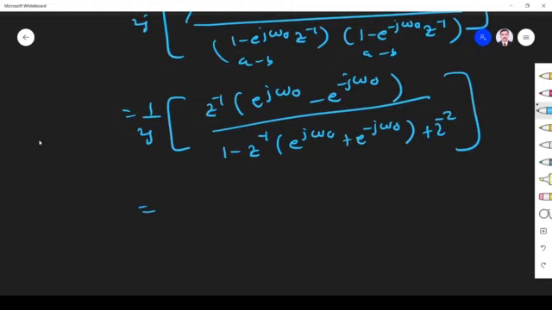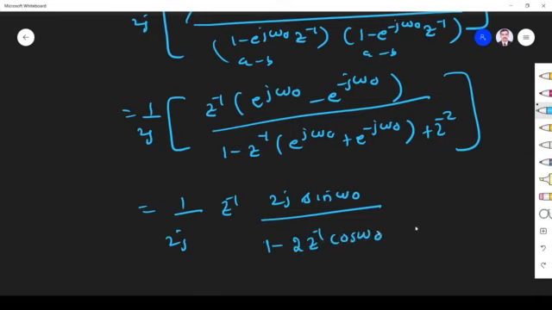So after simplification, what you get is e^(jω₀) minus e^(-jω₀), which is nothing but 2j sin ω₀. So z inverse 2j sin ω₀. Clear? So the denominator, what I do, it will be written as 1 minus, again it is 2 cos ω₀, so 2 z inverse cos ω₀ plus z^(-2).